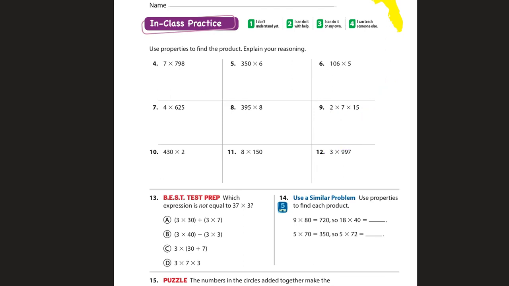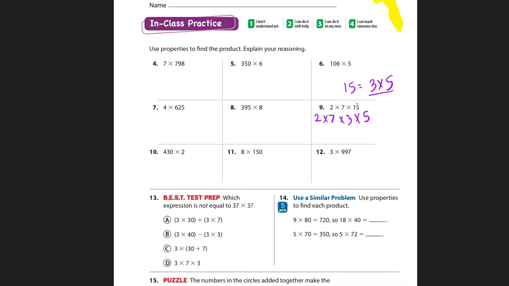So if you really want to live life on the edge and solve number 9 in a completely different way, you could say, well, I have 2 times 7, and I know that 15 is the same as, right? 15 equals 3 times 5. So I'm going to write 3 times 5 instead of writing 15. So times 3 times 5. And I know it doesn't matter which order I multiply.